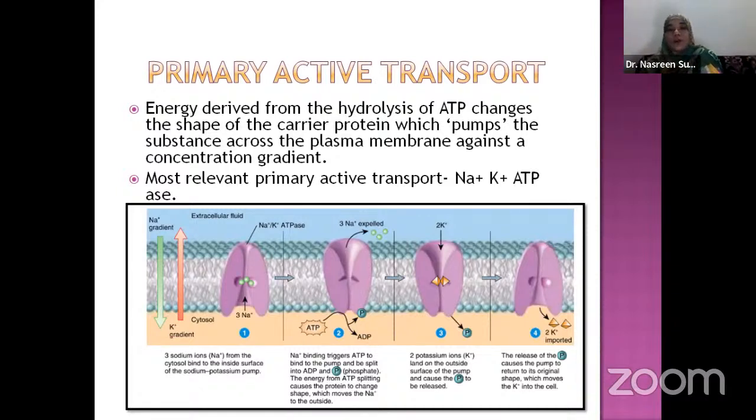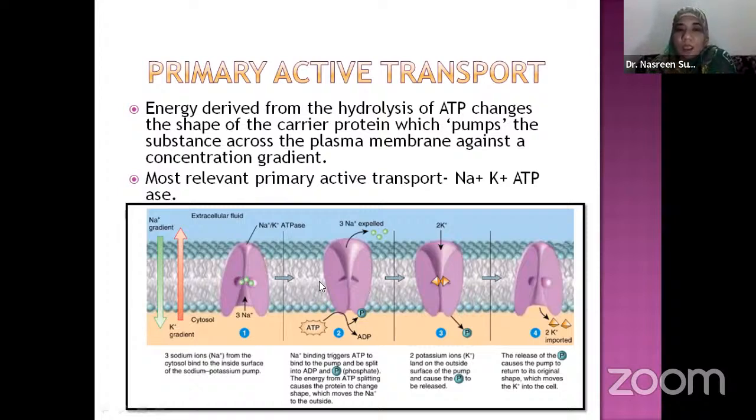First, the transmembrane protein, you can see here the structure will be like this. Now this structure will facilitate the binding of sodium ions. You can see here 3 sodium ions are going and binding to the protein or channel.